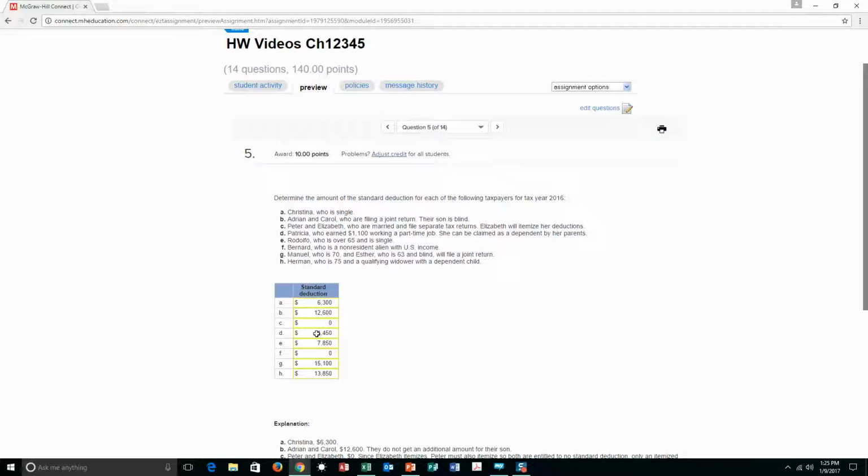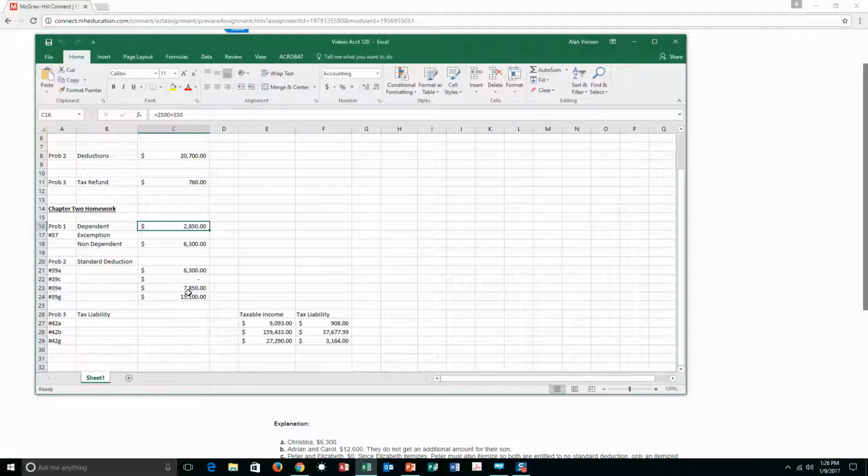Okay, E is Rodolfo, who is over 65, so that would be 6,300 plus the extra. If we look over here, it's 6,300 plus an additional $1,550 if you're single and over 65.